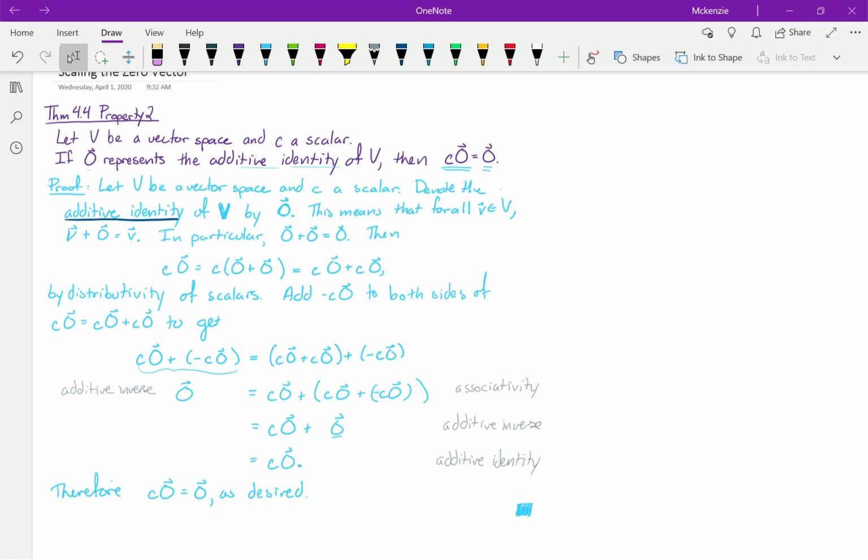Importantly, that means that this works no matter what vector space we're talking about, which is actually very essential. We might have weird addition, we might have weird multiplication, but we know always in our heart that multiplying 0 by a scalar is going to remain 0. And that is very important and very cool.